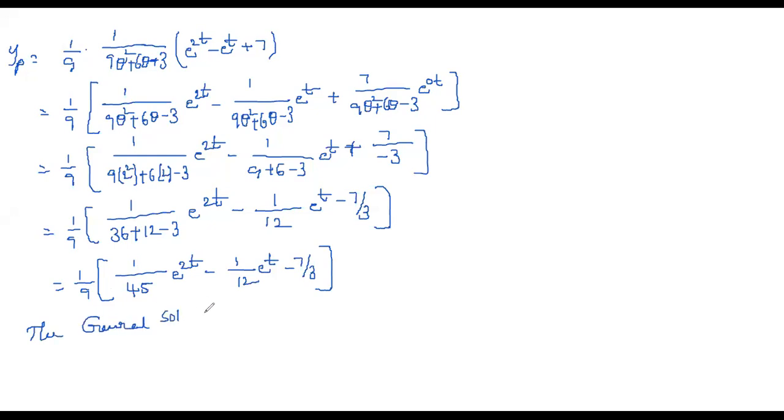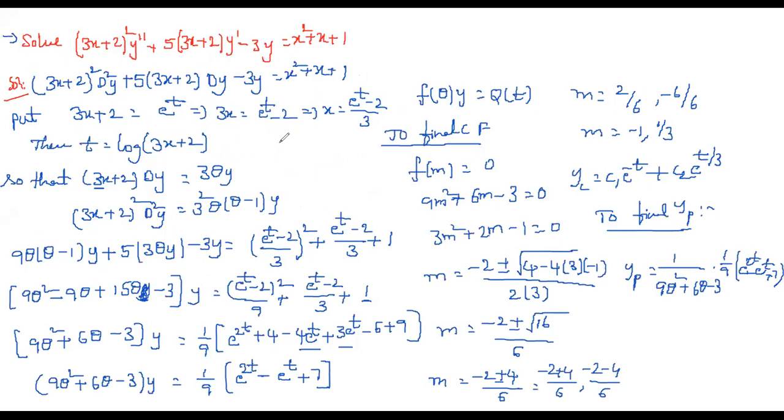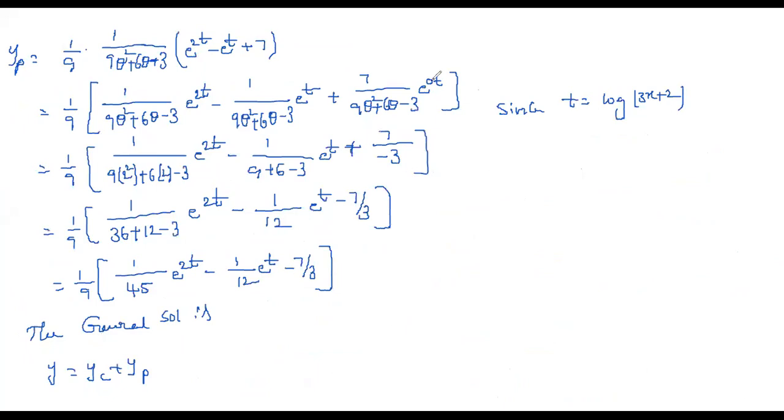The general solution is y is equal to yc plus yp. But since t is equal to log of 3x plus 2, e power t is equal to 3x plus 2.